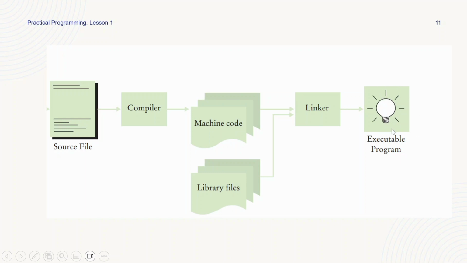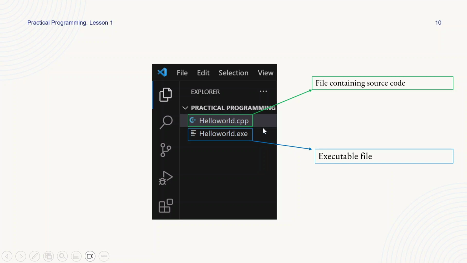This file can be directly run by the computer. The source code cannot be directly run by the computer. That is why we need the compiler. For an executable file, we don't need the compiler. The executable file is made by the compiler. The compiler transforms our code into an executable file which can then be run on a computer. So you will see whenever you run a new file, it will create an executable file with the same name.